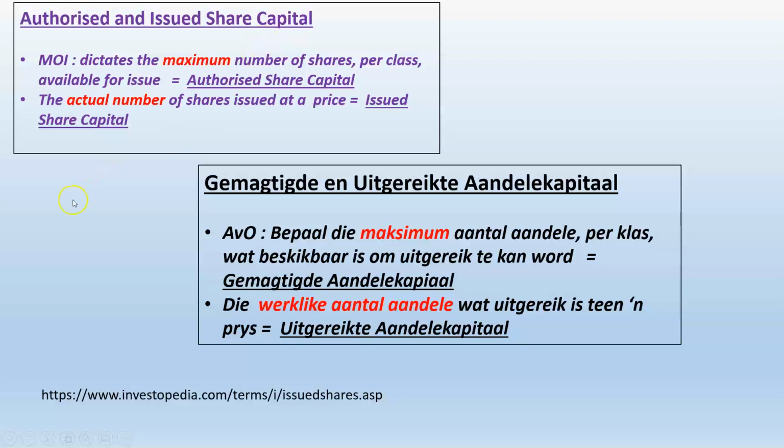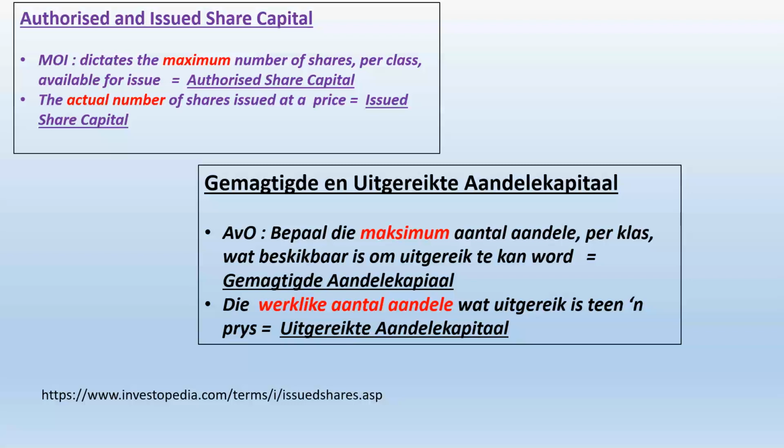Authorized and issued share capital. Now, in the Memorandum of Incorporation, the maximum number of shares and the classes of those shares that are available for issue, that is actually set out. Now, there you can see, for instance, this company can issue 500,000 ordinary shares, 200,000 10% cumulative preference shares, and 5,000 12% redeemable preference shares.